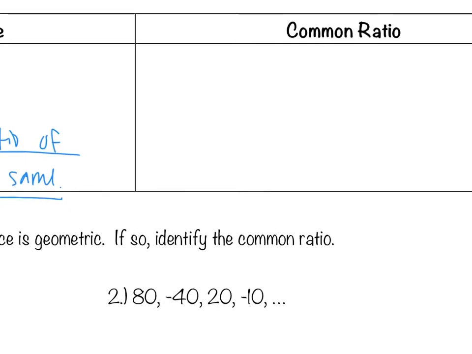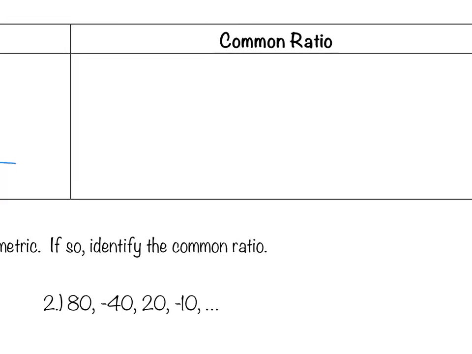So in arithmetic sequences, we had d, which was a common difference, whereas in geometric we have a common ratio, a ratio between successive terms.